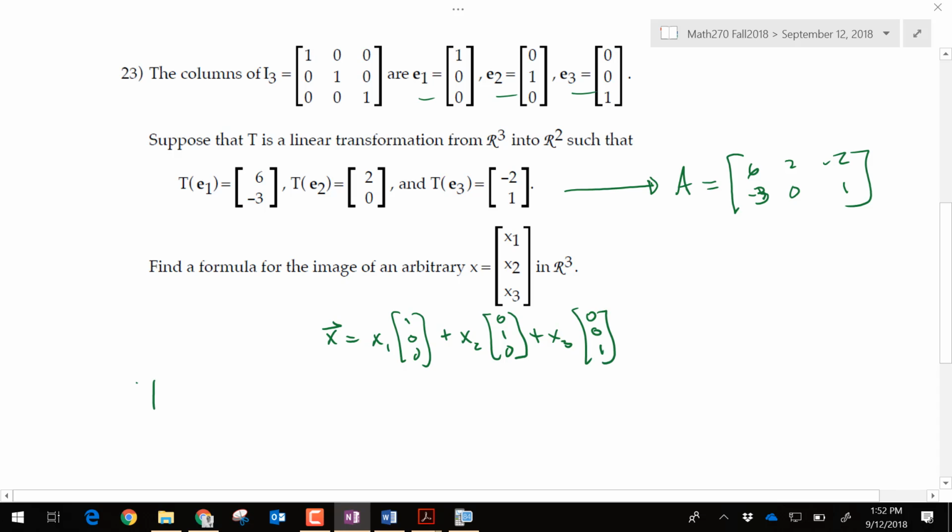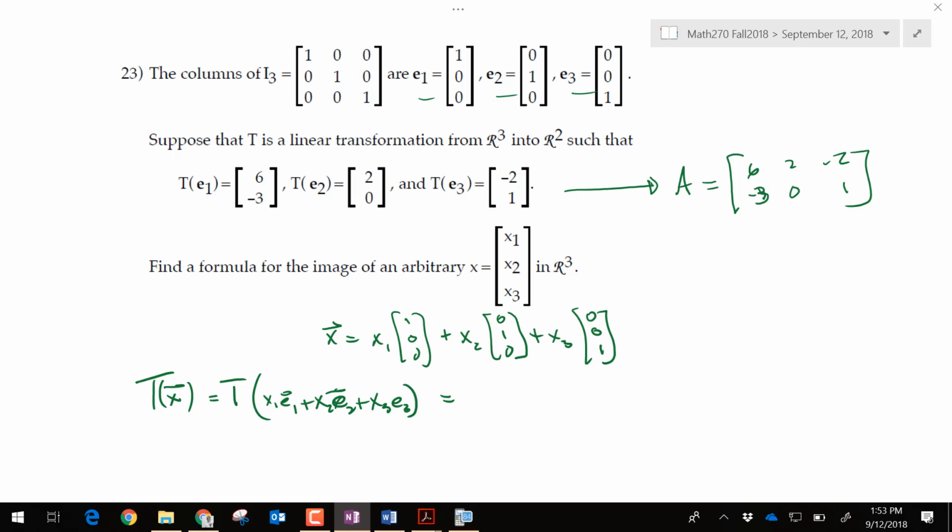And so if I want to find T of x, which is what they're looking for, I should put parentheses around the x. They essentially want to find T of x1 E1 plus x2 E2 plus x3 E3, which is a linear transformation, so those linear transformation rules apply.